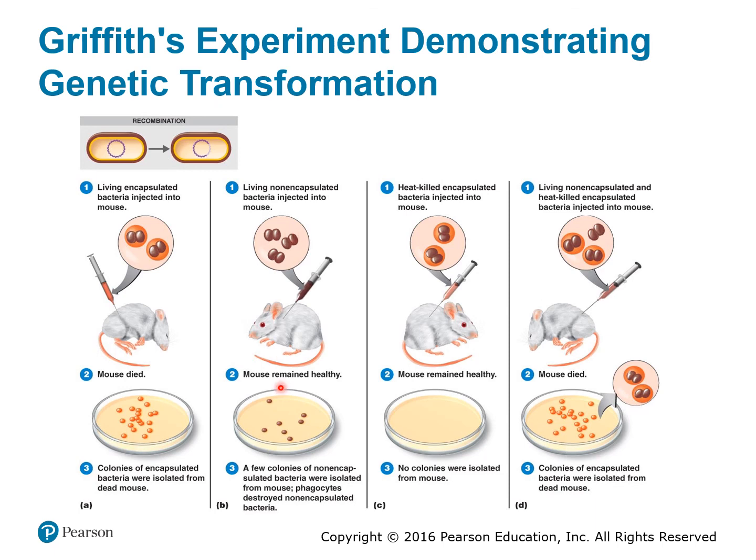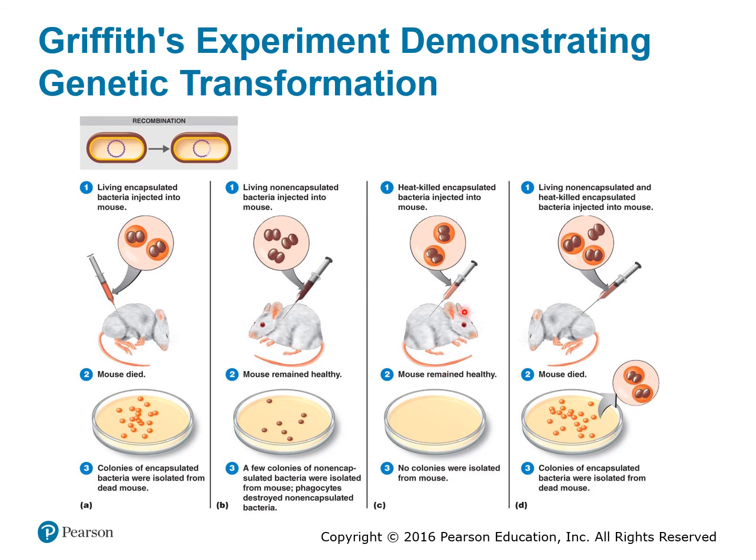So the mouse didn't die, and not a lot of colonies were obtained because most of them were killed by phagocytosis, but those colonies that they were able to culture on the plate were definitely non-encapsulated bacteria.